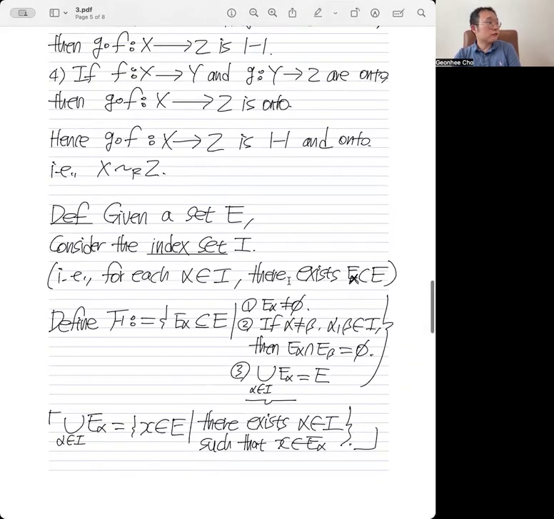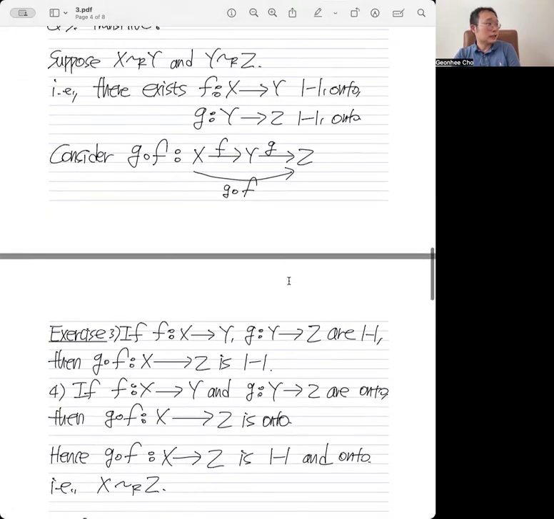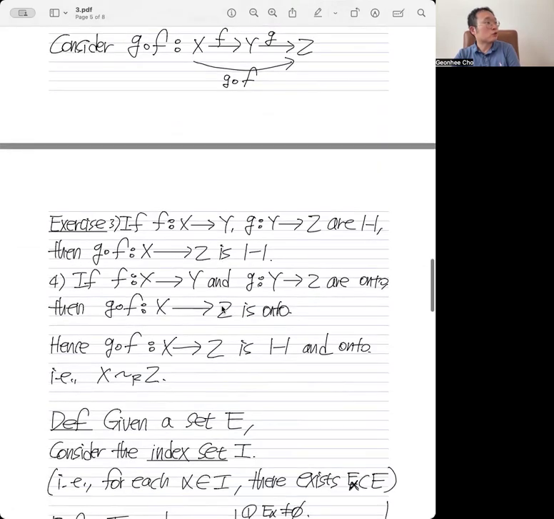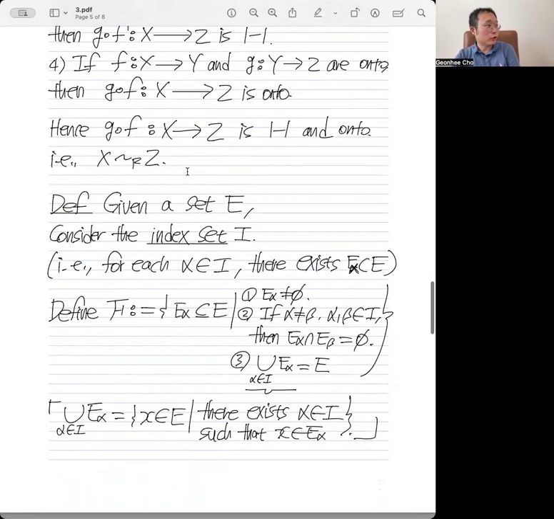There are also a few other kinds of examples to investigate the properties of one-to-oneness and onto-ness, and those are also extremely useful. We will now move on to the concept of the partition.